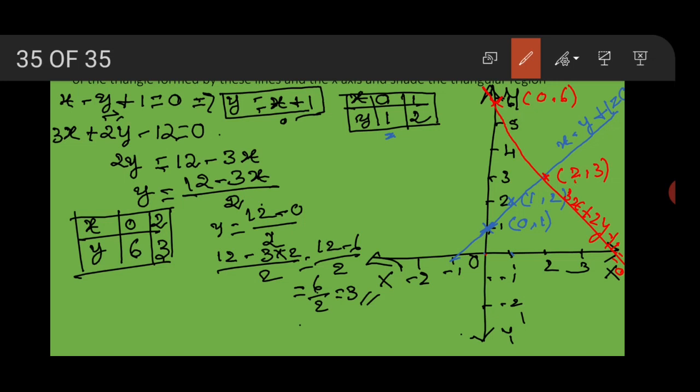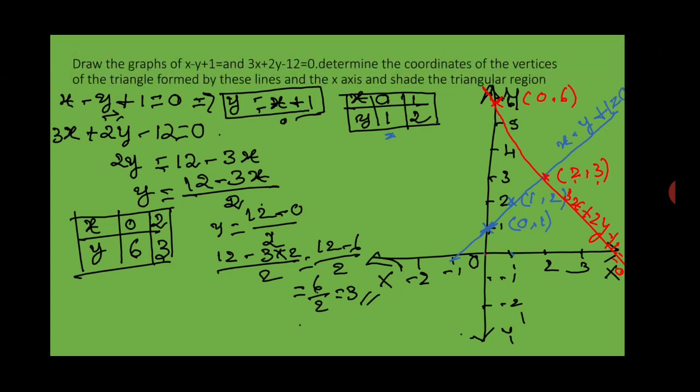Okay. Now what is asked here? They ask to find the triangular region formed between these two straight lines and the x-axis. What are the two straight lines? These two are the straight lines.